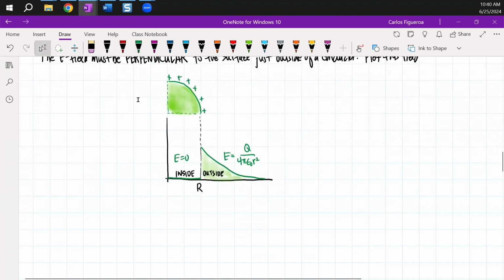Now, to give a sense of why it has to be perpendicular, here's what has to happen.